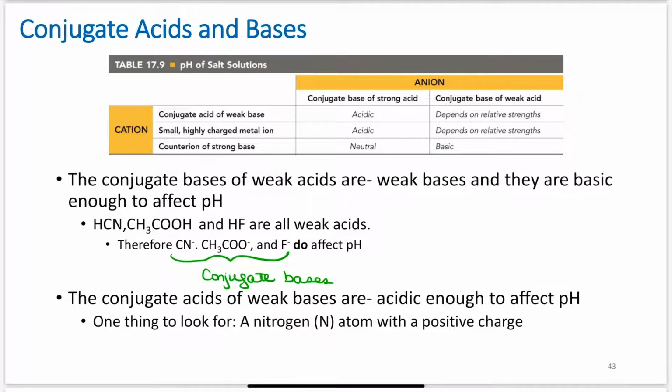I did not just name the elements. Then the solutions themselves will be basic, if they are by themselves, or if they're with a spectator ion. So if I had potassium fluoride or lithium acetate, I expect the pH to be basic. If it's mixed with an acid, like a salt from a weak base such as ammonium, it depends on the solution. So expect these to contribute base. So expect the pH of these to be increasing.